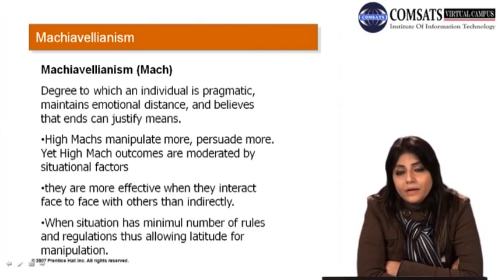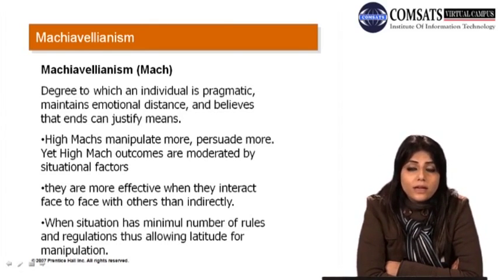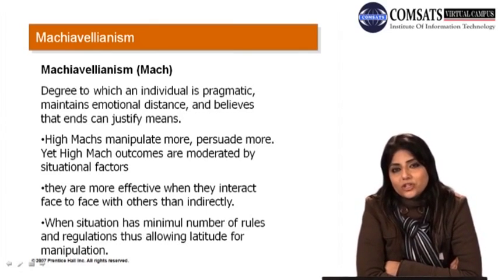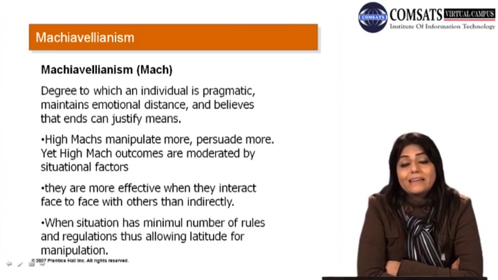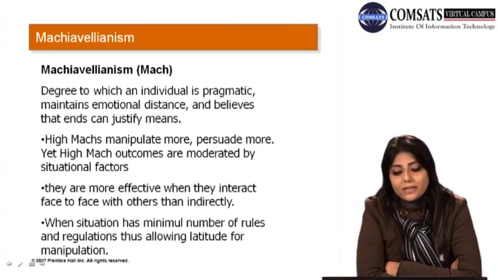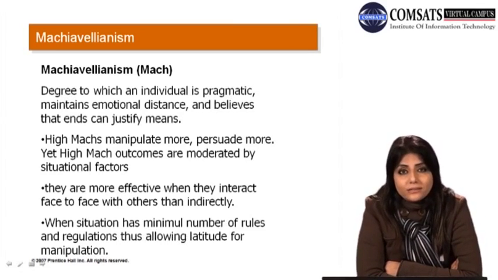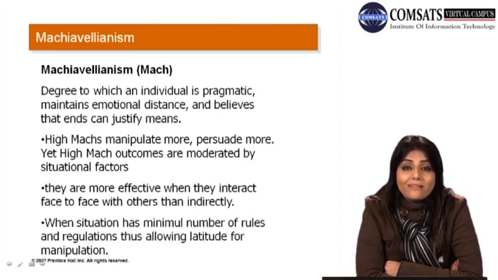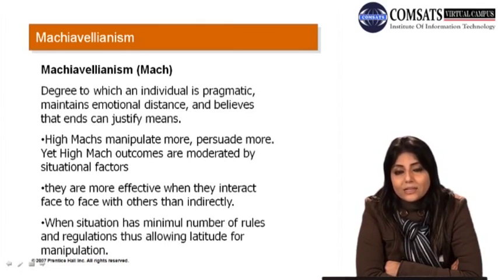So when they have the opportunity for face-to-face interaction with others, compared to indirect interaction, right? Because when they have face-to-face interaction, they are in a better position to manipulate and to persuade others, compared to when it is done indirectly. And similarly, when the situation, the job task or the environment is such that the rules, procedures and guidelines are not very strict and are minimal, right?